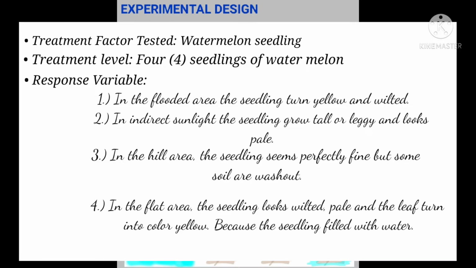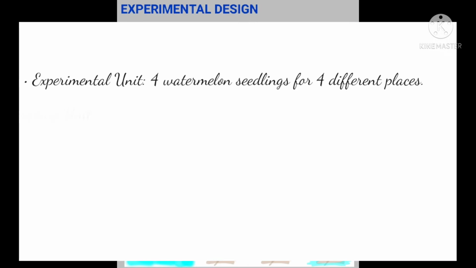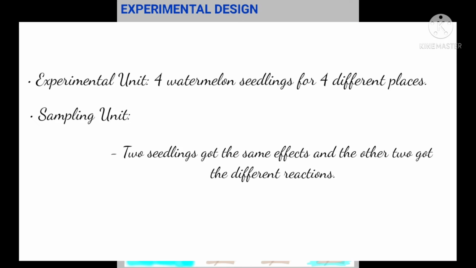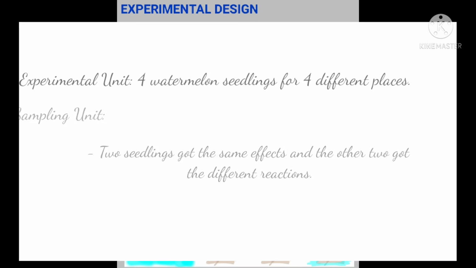Number 4, in the flat area, the seedling looks wilted, pale, and turns yellow because the seedling was filled with water. Then, our experimental unit is 4 watermelon seedlings in 4 different places. And last, sampling unit: 2 seedlings got the same effect and the 2 got different reactions.